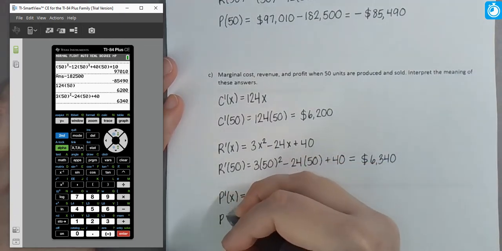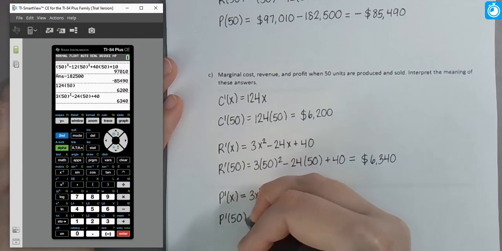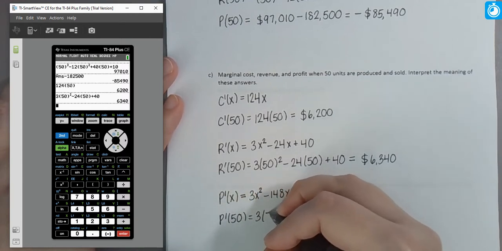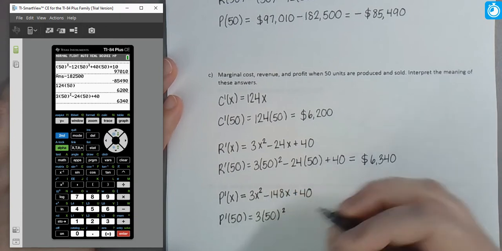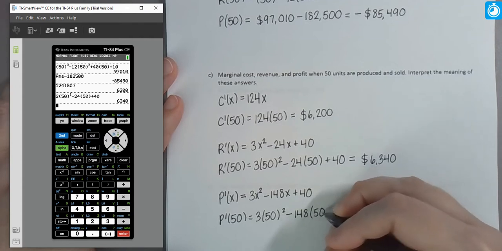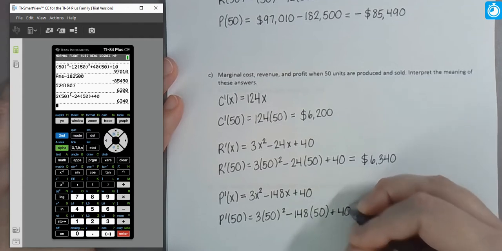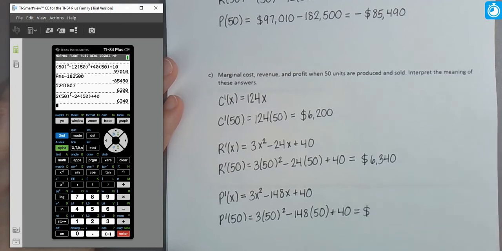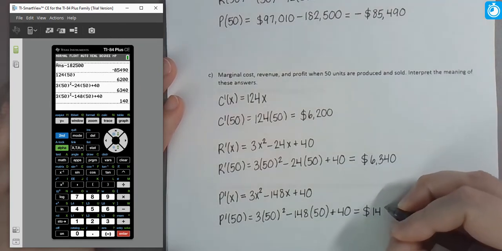And then the marginal profit at the production level of 50 units, sub that into our derivative, and then plug it into the calculator. And again, we're still talking about dollars. So 3 times 50 squared minus 148 times 50 plus 40. And that's going to give us 140.